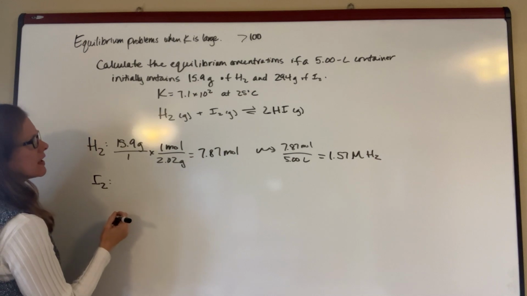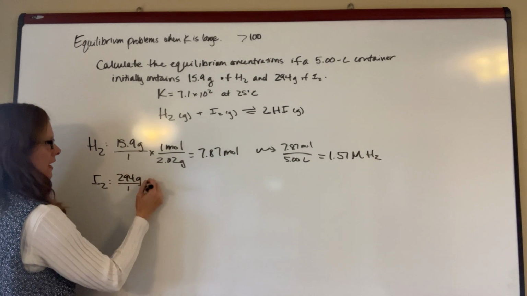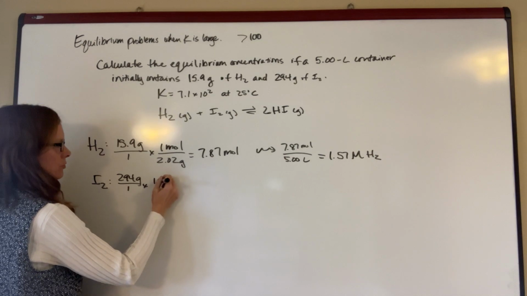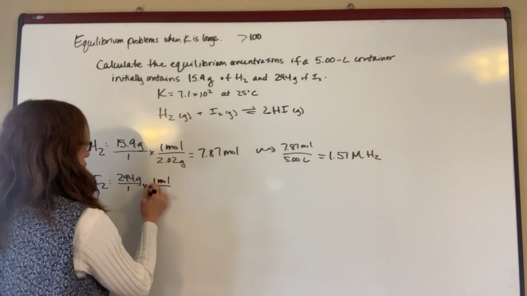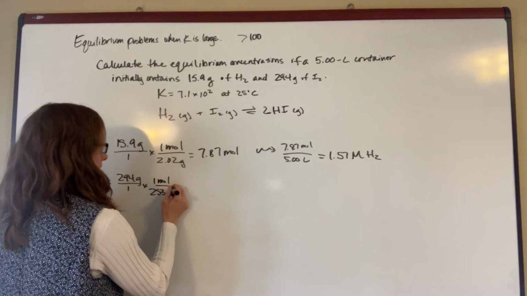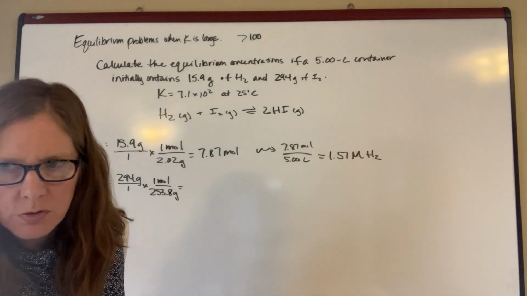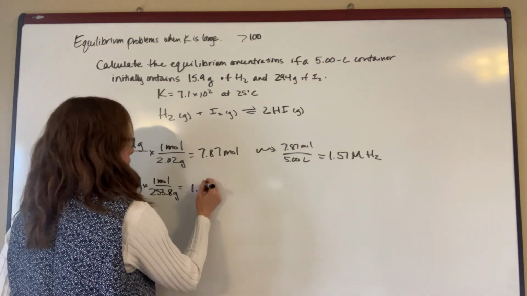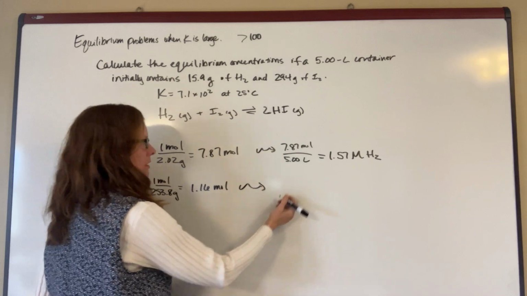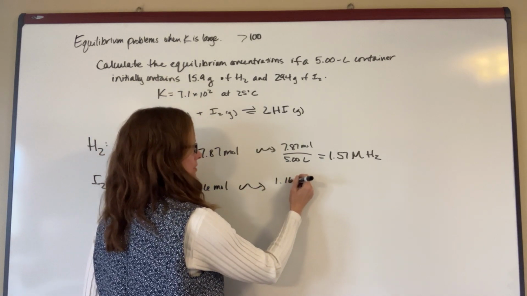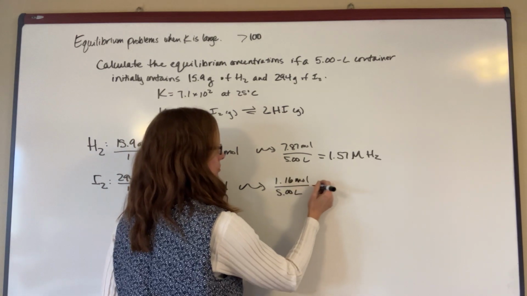All right, let's look at the iodine now. For the iodine, I had 294 grams of iodine, and in 1 mole, there are 253.8 grams. And so when you crunch those numbers through, you end up with 1.16 moles. And so then to calculate concentration, you're going to take 1.16 moles divided by 5 liters.